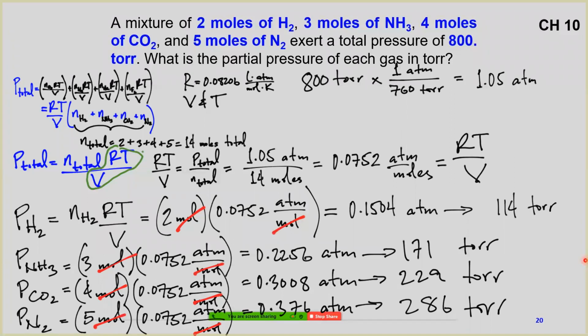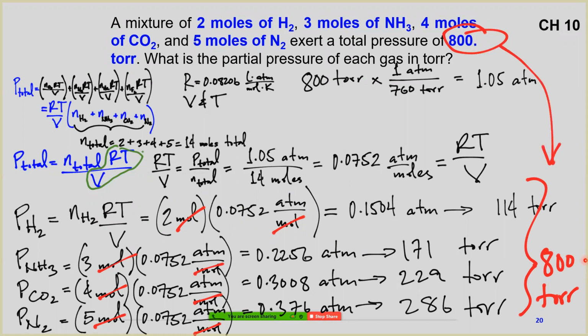So 114 plus 171 plus 229 plus 286, and we get 800 torr. So that checks out because it says the total pressure is 800.